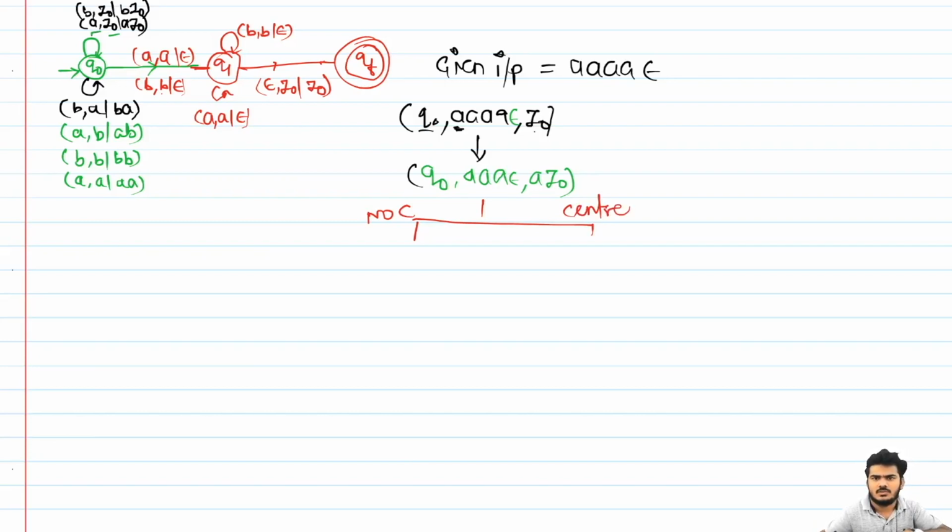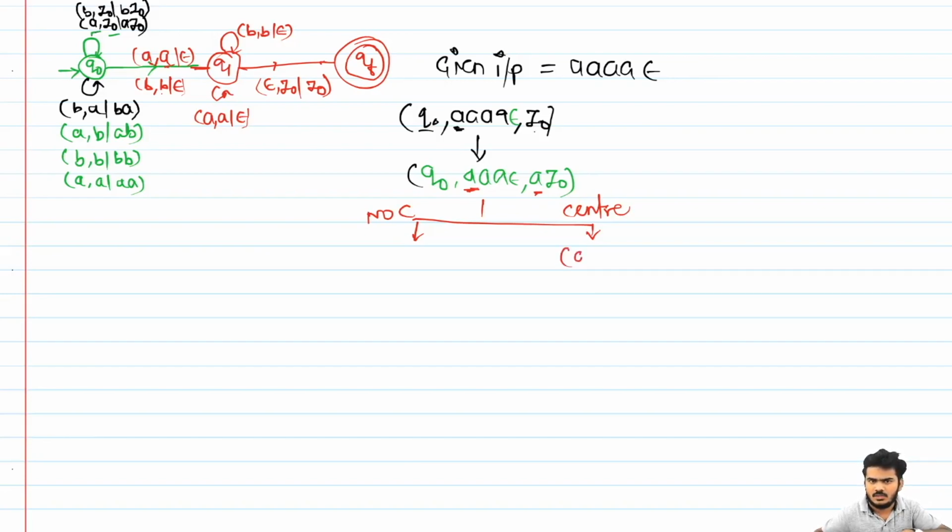Whenever the given input is A and the top of the stack is also A, the same alphabet is there, so we have to assume whether center came or not. If center came, with A as input and A on top of the stack, I have to pop.